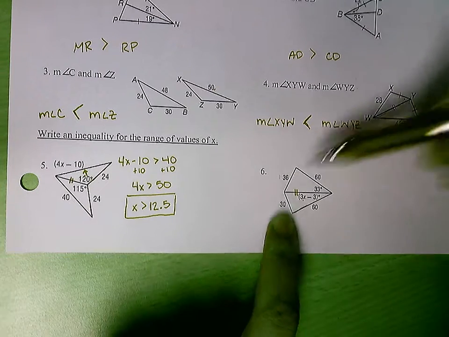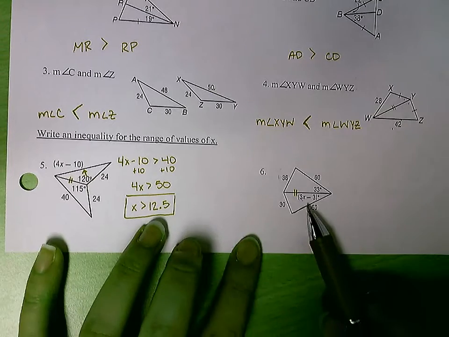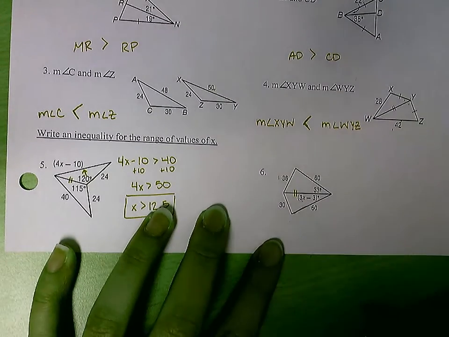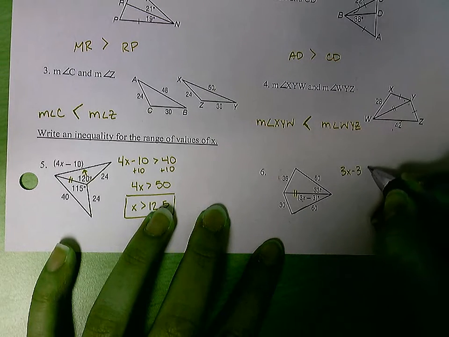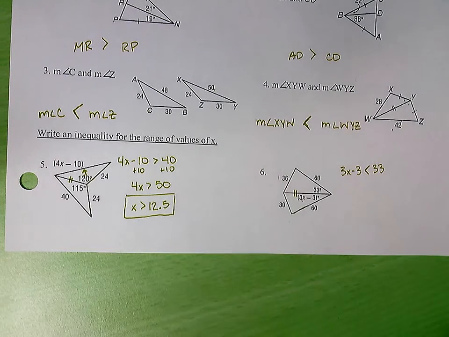And 36 is the greater side. Okay, so that means this 3x minus 3 here has to be less than that second angle. So we have 3x minus 3. It has to be less than 33.